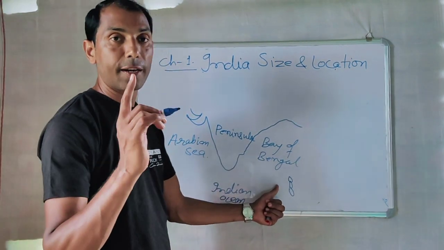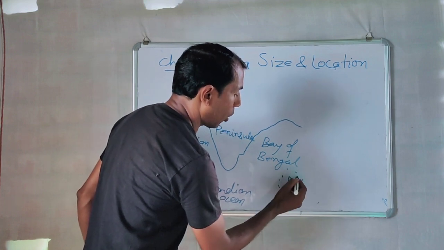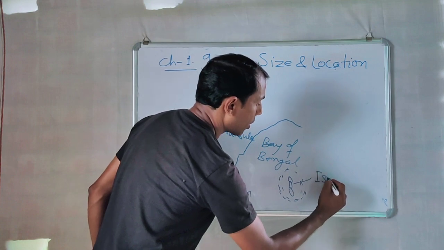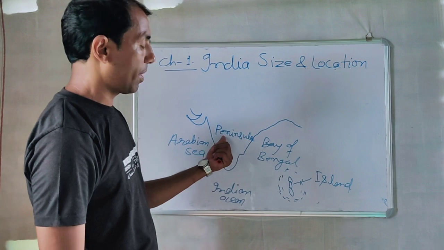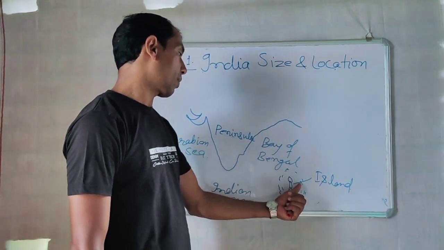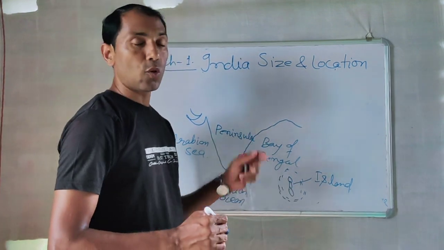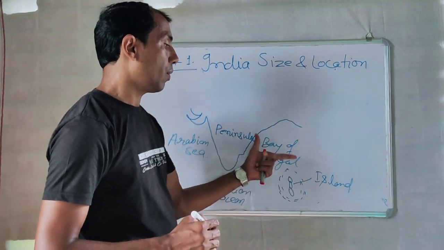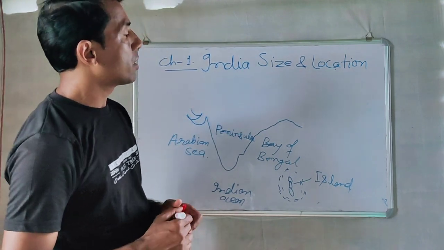A piece of land which is surrounded by water from all sides is known as an island. This is called a peninsula, and this one is known as an island. And it is a part of India. It will be discussed in the second chapter. It is Andaman Nicobar, right? So these are technical words, and they can be widely used in this chapter.